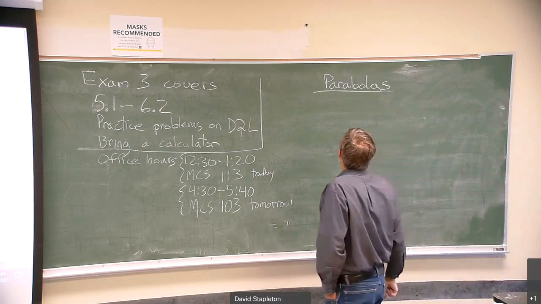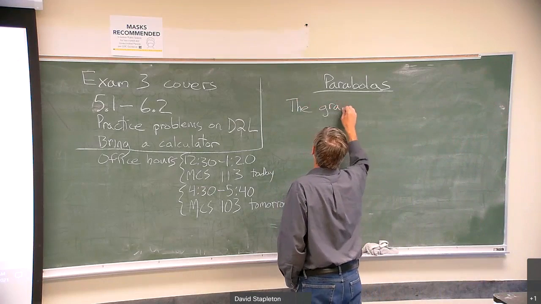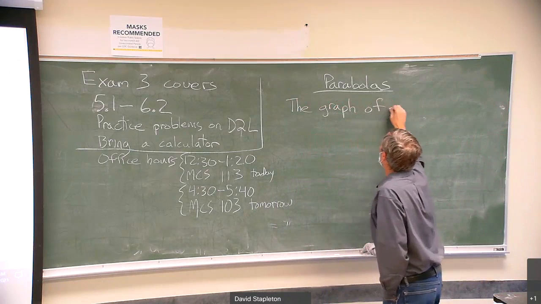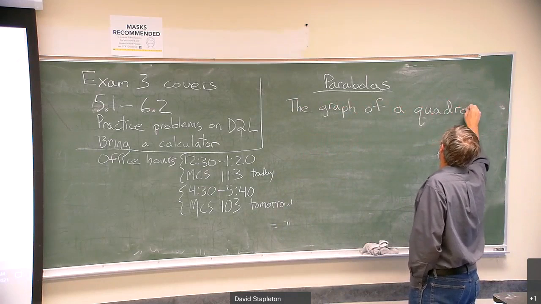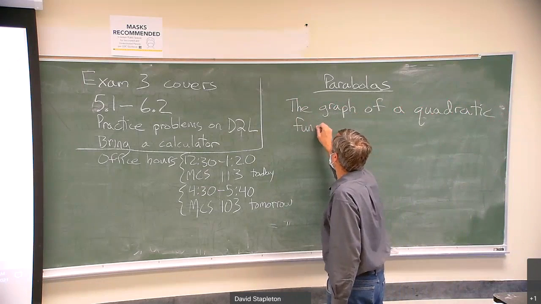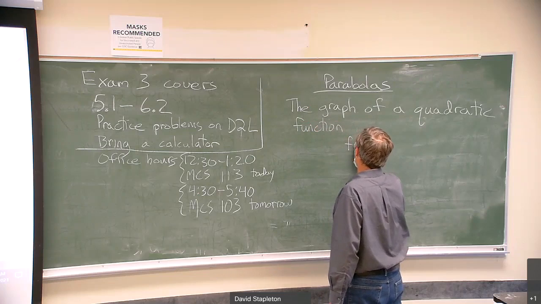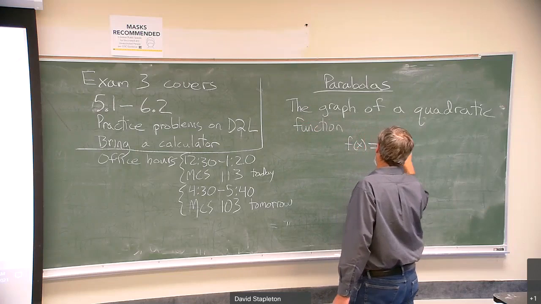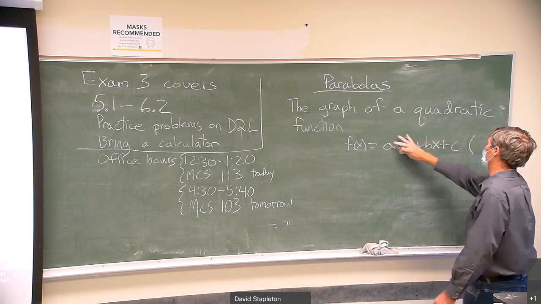What is a parabola? The graph of a quadratic function is called a parabola. So the function is f of x equals ax squared plus bx plus c, and you want a not zero, otherwise it's just a linear function.